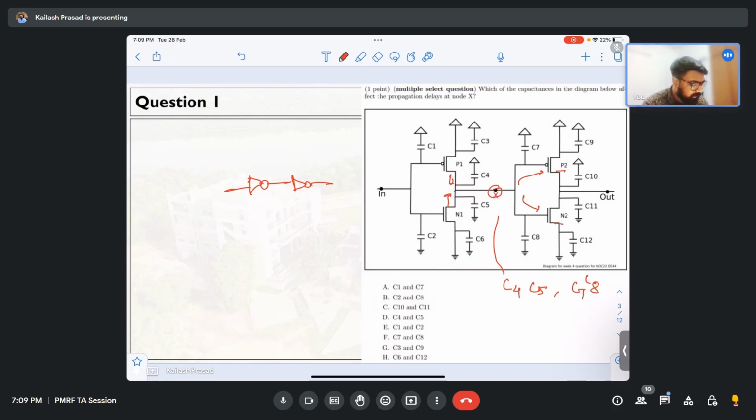The capacitance associated with the drain of P1 is C4. The capacitance associated with the drain of N1 is C5. Similarly, the capacitance associated with the gate of P2 is C7, and the capacitance associated with the gate of N2 is C8. So the answer is C4, C5, C7, C8. So the answer will be D and F.